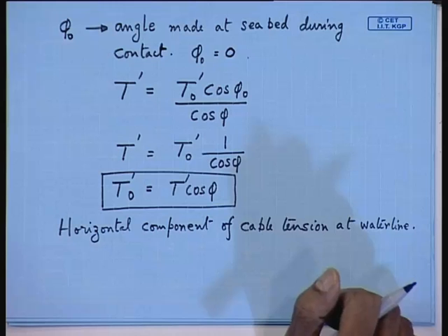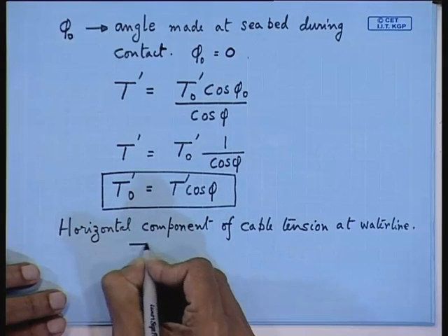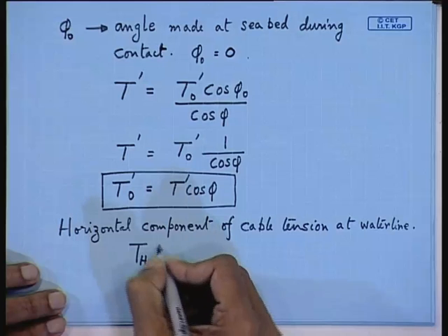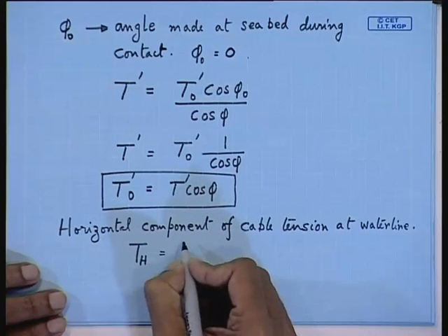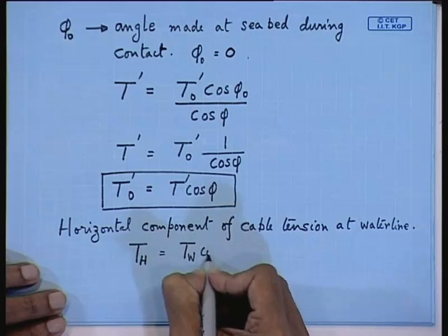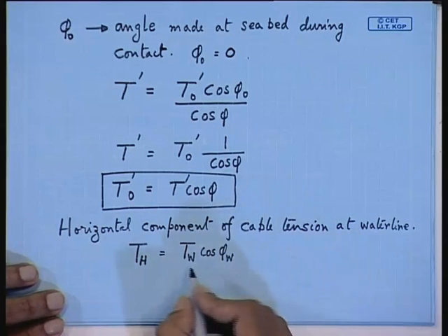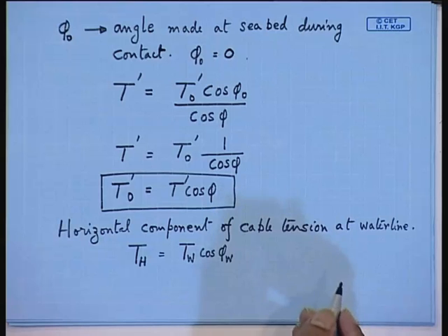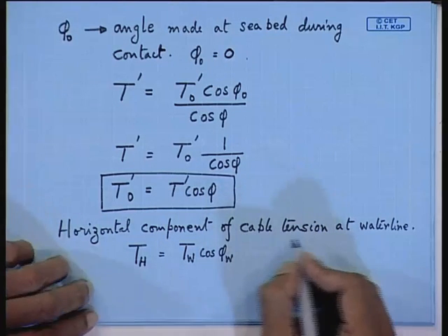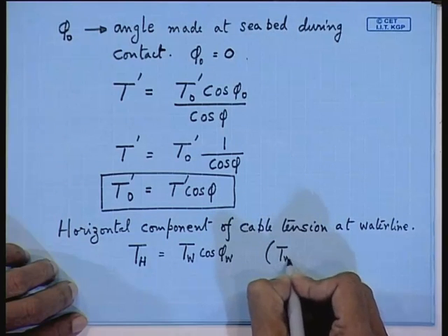So at waterline, the winch tension is TW. So how much is TH? TH obviously will be TW multiplied by cos phi W. But you have to know both TW and phi W. TW you can straight away find out from the anchor winch.